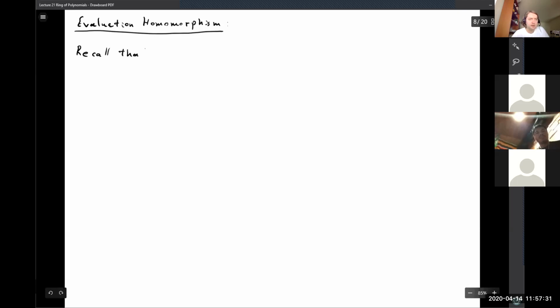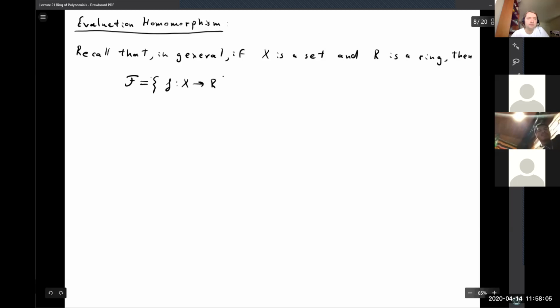In general, if X is a set and R is a ring, then the collection of all functions from X to R is a ring on its own.